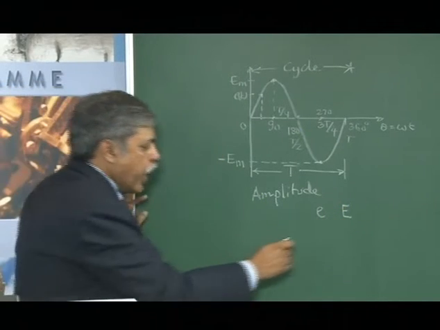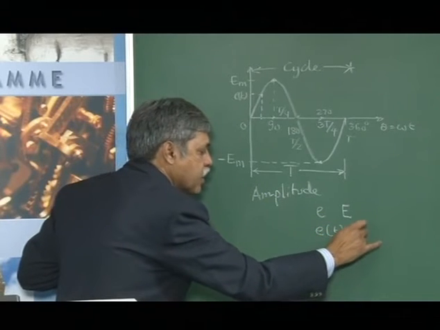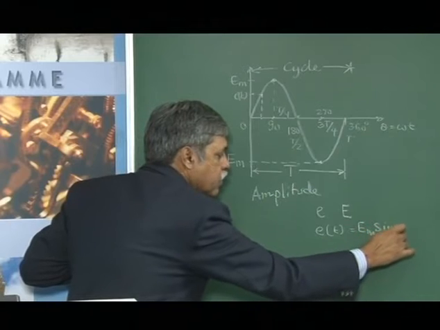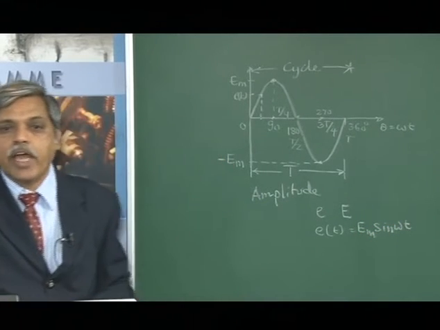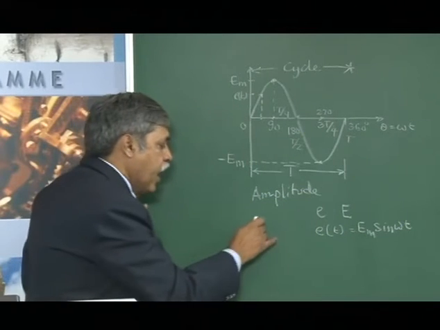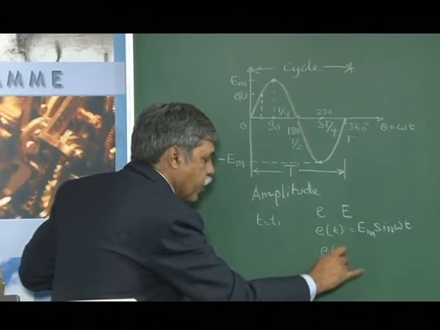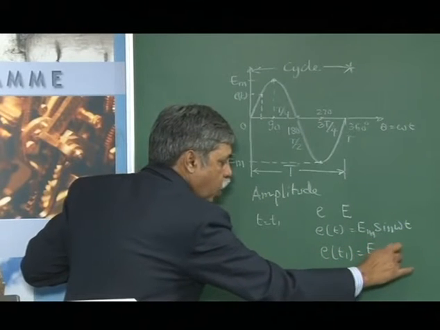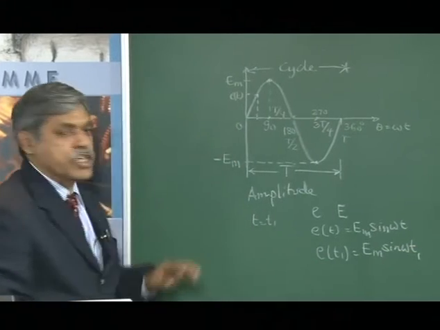So at any instant, e of t is equal to E maximum sin omega t, where t is the instant. If I take t equal to t1, then e of t1 is equal to E maximum sin of omega t1. This is my instantaneous voltage.